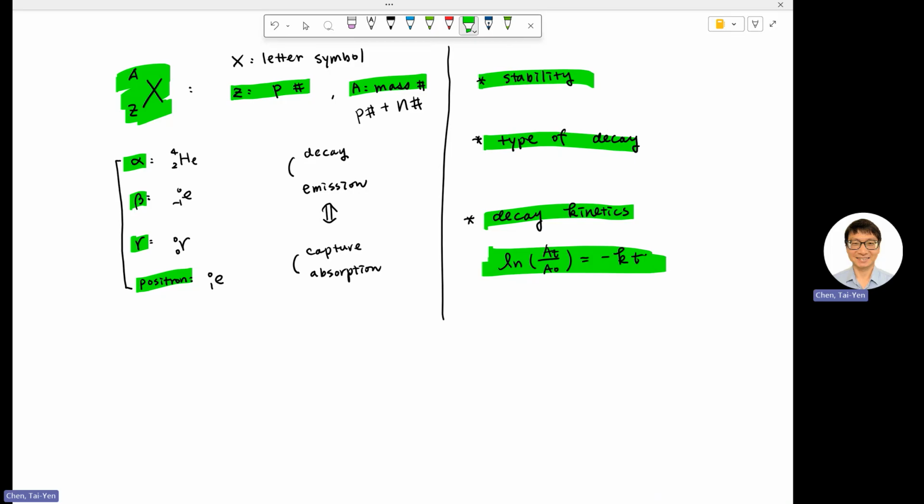The other one, beta particles, is nothing special but your electrons. Every time you hear beta decay or beta particles, it means an interaction between the atom you're talking about and one electron. That's what beta particle means.